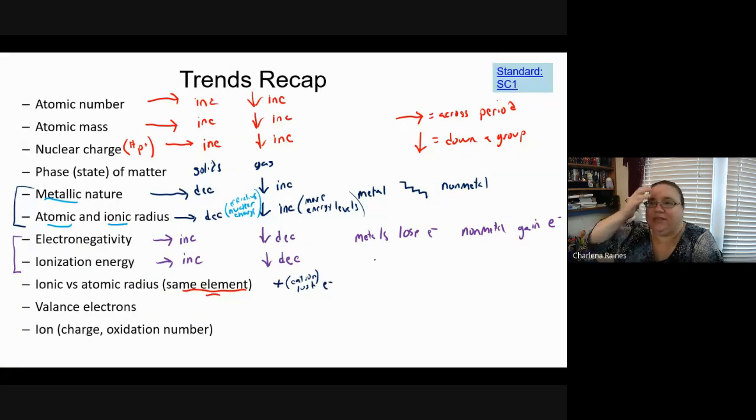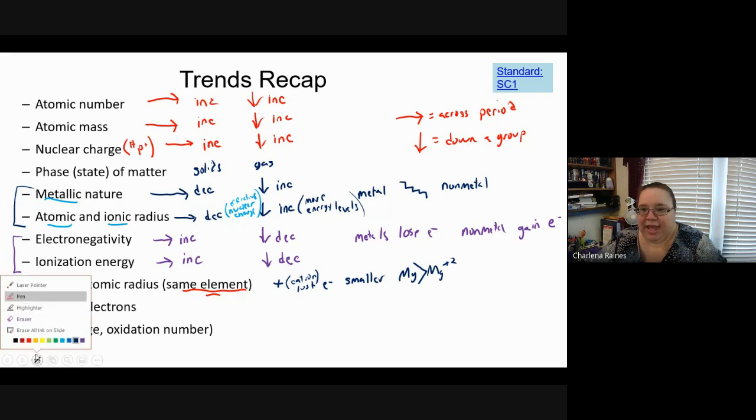And my cations, when they lose their electrons, they always are smaller than their parent atom. So I'm going to pick on magnesium and magnesium plus 2. Magnesium has lost 2 electrons, therefore its radius is smaller than normal magnesium.